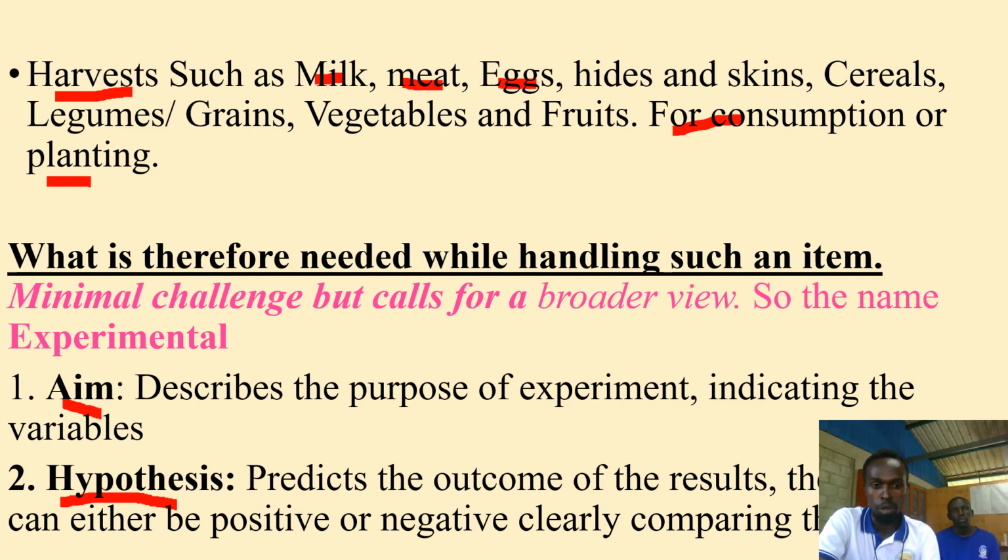Actually, before you talk about the experiment, just critically think through the scenario, the test item, and then can you predict something? Can you predict what could be challenging? What could be the results in case the situation persists, or in case you took responsibility to carry out the practical, the experiment, the investigation.